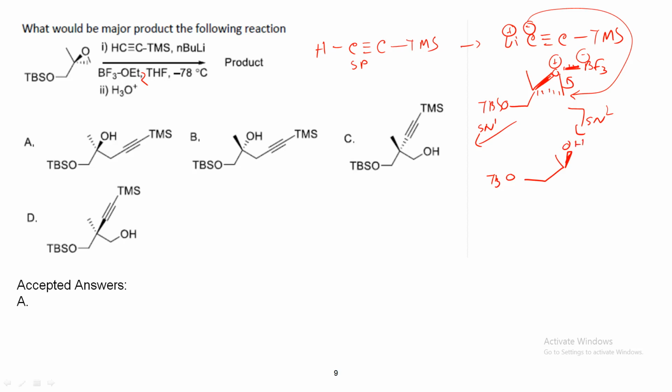Protonation can occur, because this O BF3 minus species easily decomposes to its hydroxide form. And here we have the triple bond and TMS. So this should be what you are looking for. So they actually write it in this way.